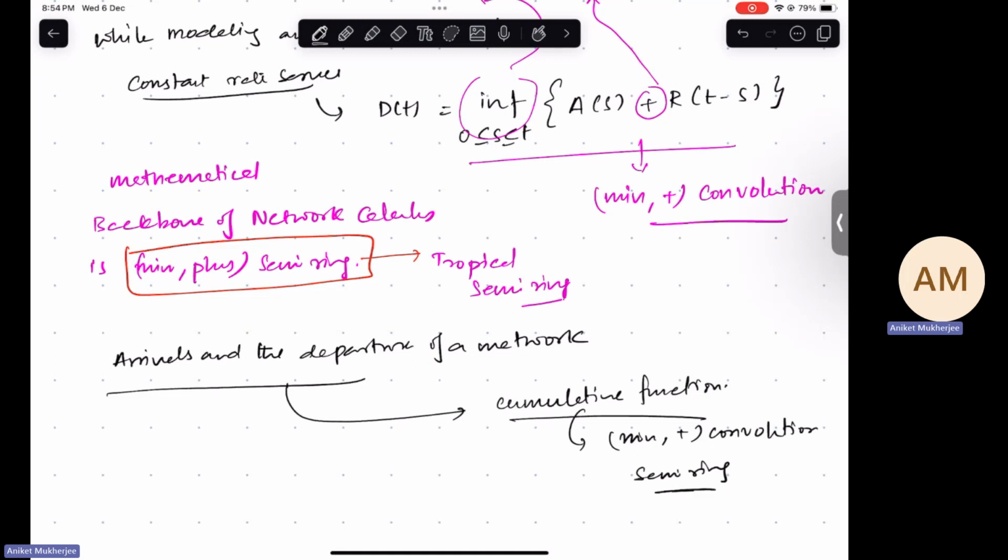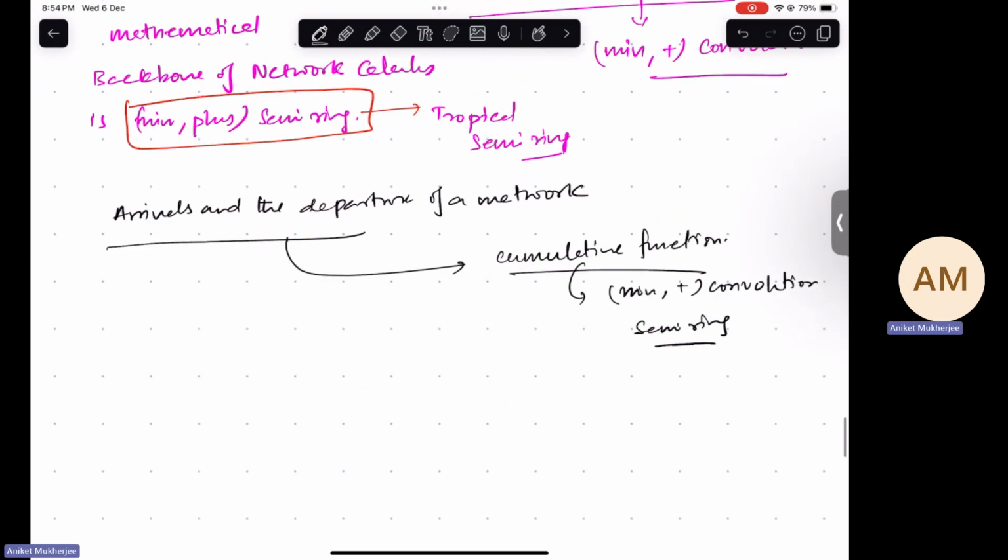This we'll see in the next class. Basically, first we'll define what a dioid is, and we'll also define all the operators that you can apply on the dioid. So the dioid and operators will give you the min-plus semi-ring properties, and one of the operators would be the min-plus convolution, right?